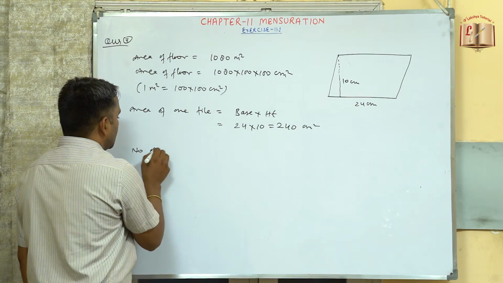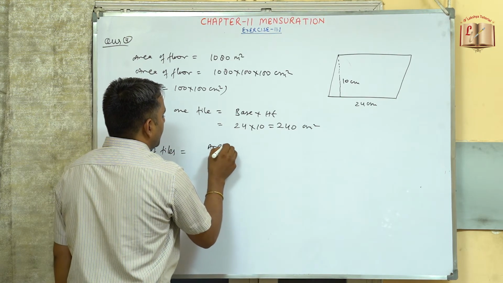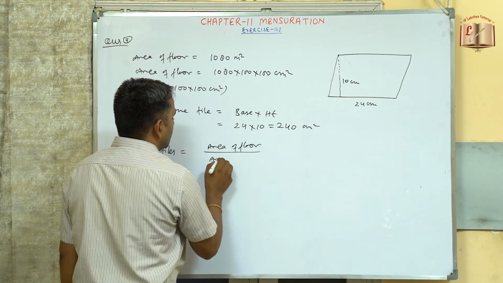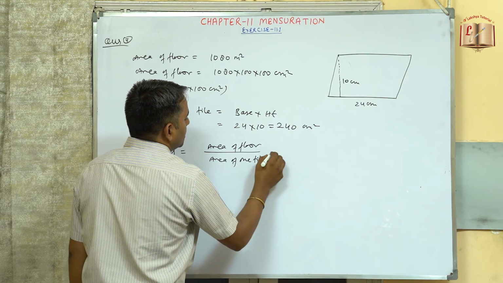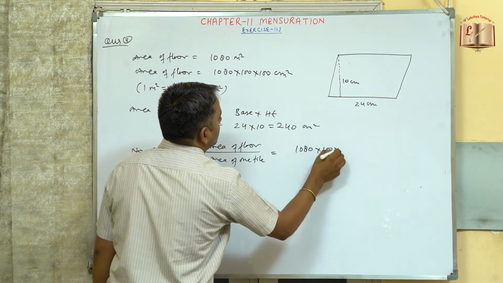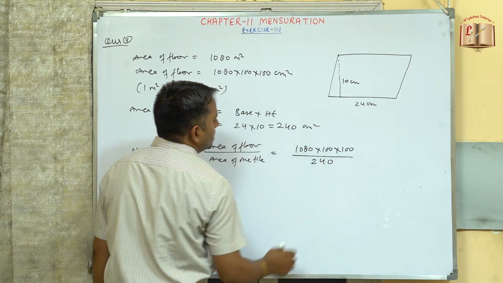Now the number of tiles will be equal to the area of floor divided by the area of one tile. So this will be equal to 1080 into 100 divided by 240.